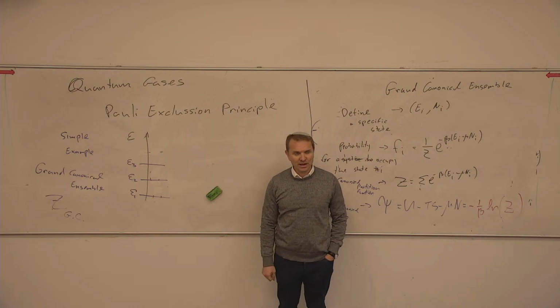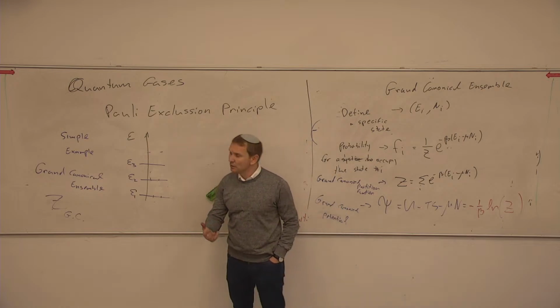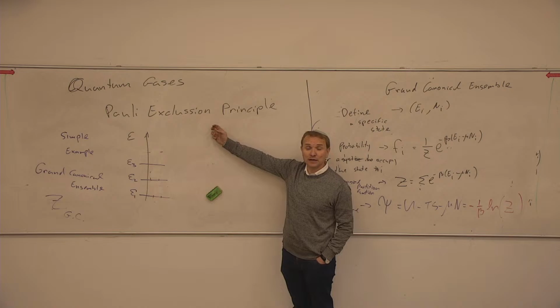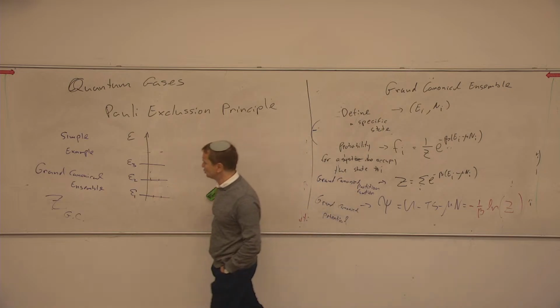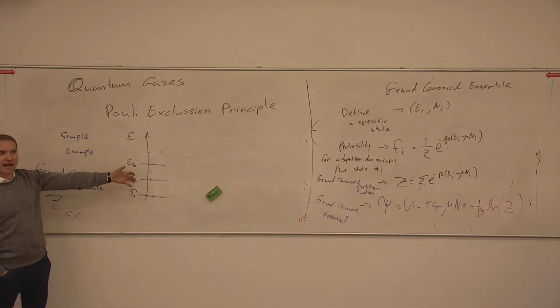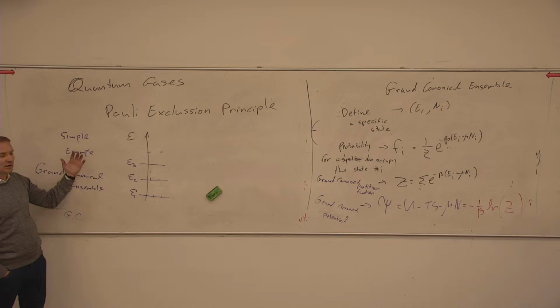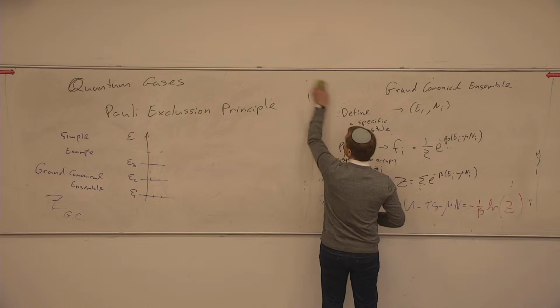Therefore, I'm trying a different approach. Instead of trying to create effective particles, which I can't, I'm trying to say the following. I will ease my assumption about constant number of particles. I have fluctuations of particles. Okay, so let's assume that electrons can come out, can get out, can get in, etc. Okay. So how do we do it?